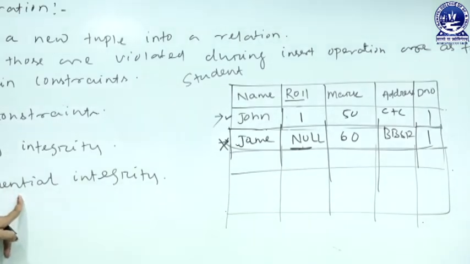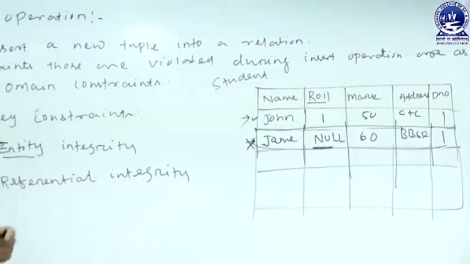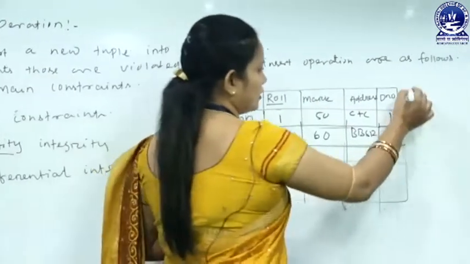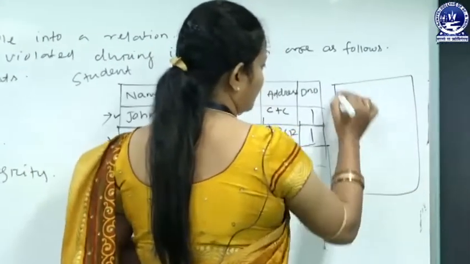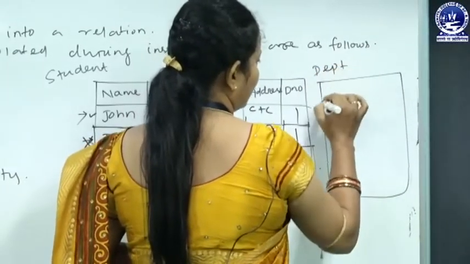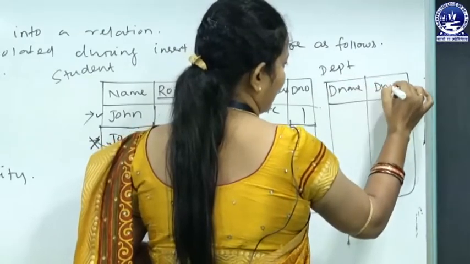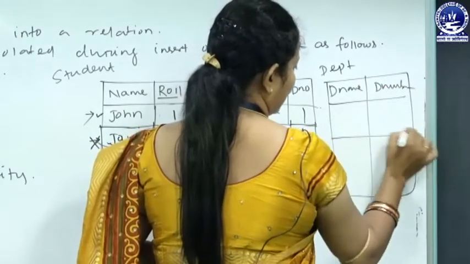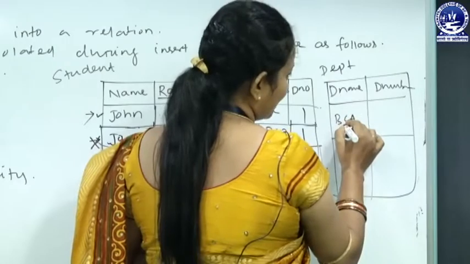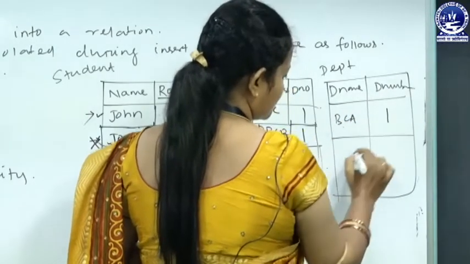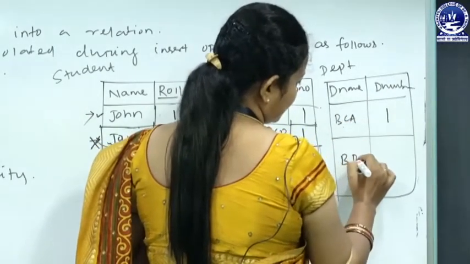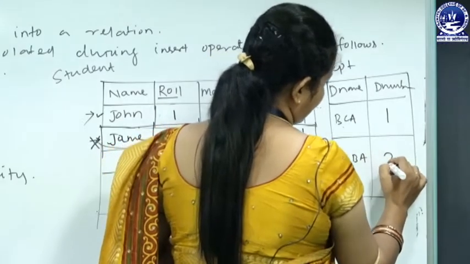As we know, referential integrity constraint is related to the foreign key. Suppose there is another table, your department table, having attributes D name and D number, where the department name is BCA and department number is 1, and the department name is BBA and department number is 2.